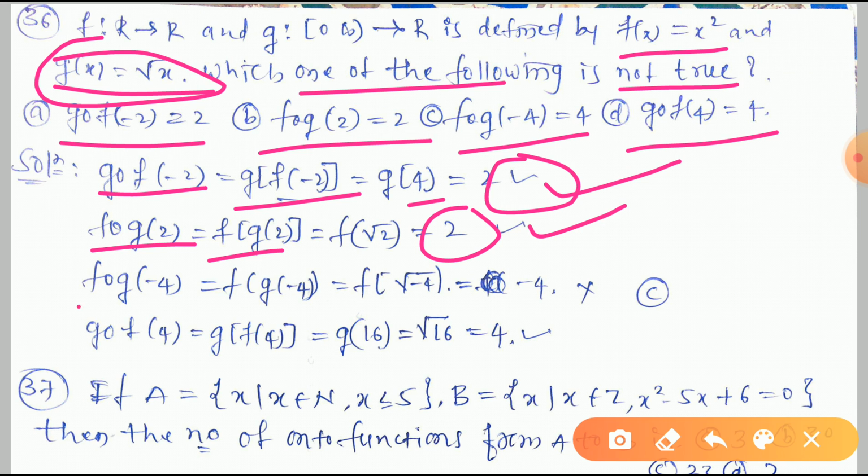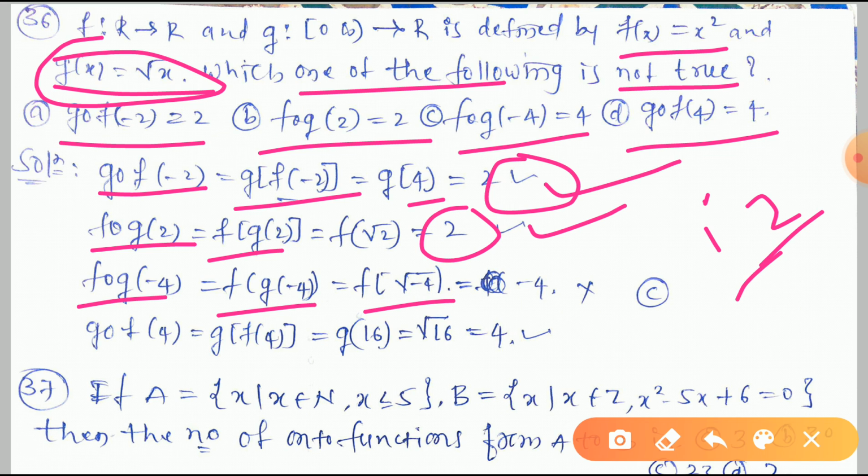And similarly f composition g of minus 4 is equal to f of g of minus 4. g of x is equal to square root under x. Put x is equal to minus 4, square root under minus 4 is equal to 2 times i, or sometimes we write 2i.